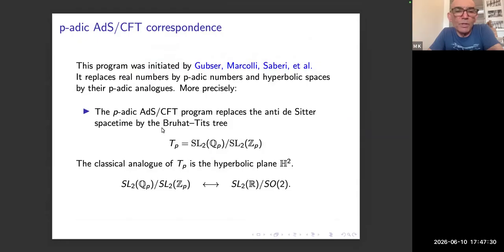There is a work started by Gubser, and then Marcolli, Saberi, and some other people collaborated together. There are several papers on this. They were able to work out this AdS/CFT. Basically, this is the program in physics initiated by string theorists that gravity in the bulk corresponds to conformal field theory on the boundary of your space-time.